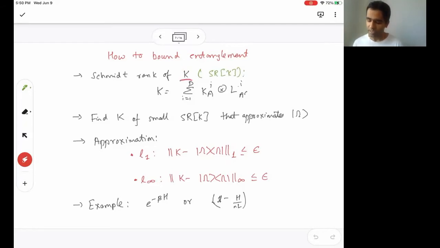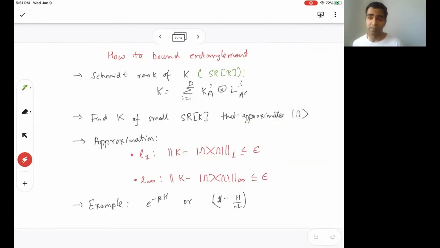Given an operator K, I'm going to denote the Schmidt rank of K as the smallest number D such that I can write K as a sum of D product operators, some operator on A and some operator on the complement of A. The Schmidt rank, which I'll denote by SR of K, is the smallest number that achieves this. The idea is quite simple to start with: find a K which has very small Schmidt rank and that well approximates the ground state.